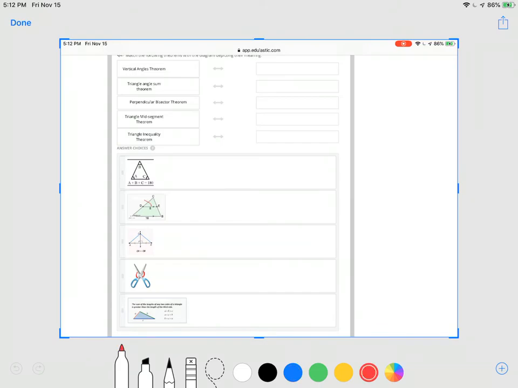So the fact that the three angles in a triangle add up to 180, that is the triangle sum theorem. In this picture, the second one, the fact that DE is half of AB and that it's parallel to it, that is the triangle mid-segment theorem.